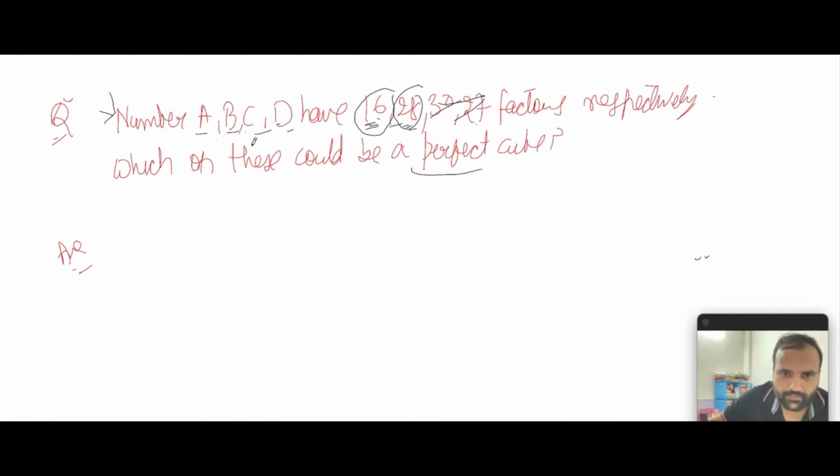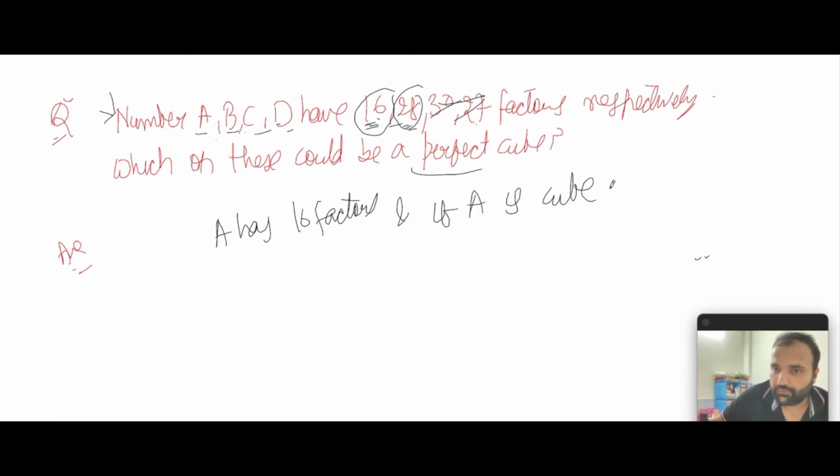So again, see, A has 16 factors, and we need to check if A is a cube or not, and we know cubes are in the form of P to the power 3. So we were checking for 16, and we know that it cannot be a single digit number.